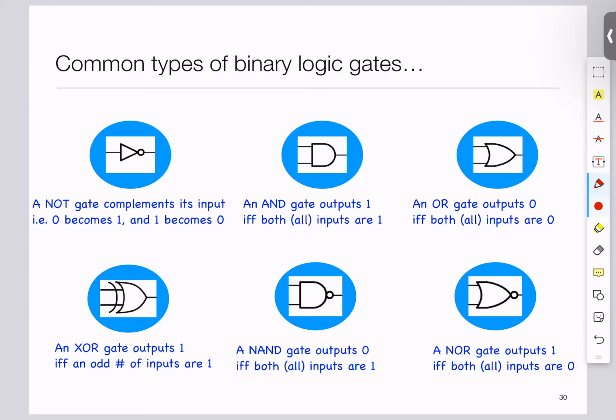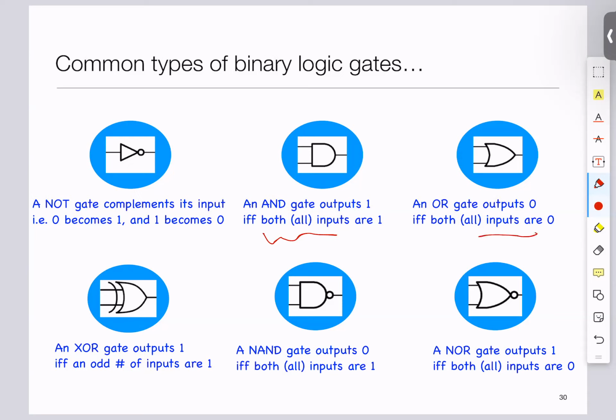Not all of those 14 functions have some commonly ascribed name to them. Some of them do, but others don't. So I have given some examples out here which have names attached to them. AND, which we already saw: both inputs are 1, output is 1, 0 otherwise.